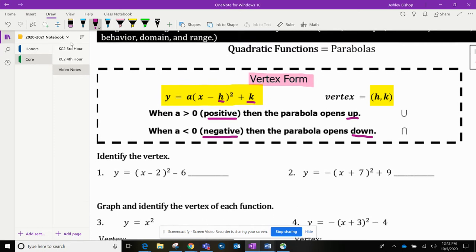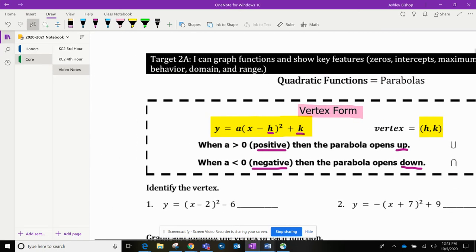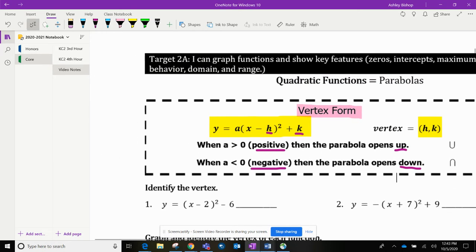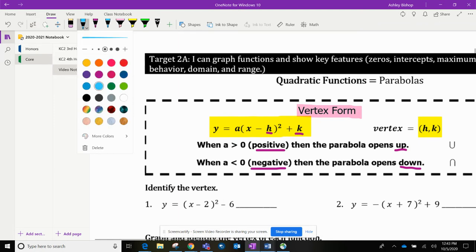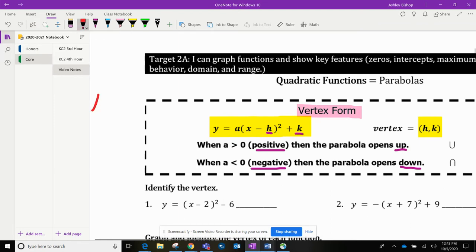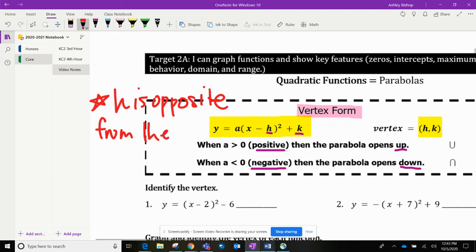And a couple other things you want to write down. Make sure you know this. It's very important. Write it down and then I will explain it. H is opposite from the sign in parentheses.